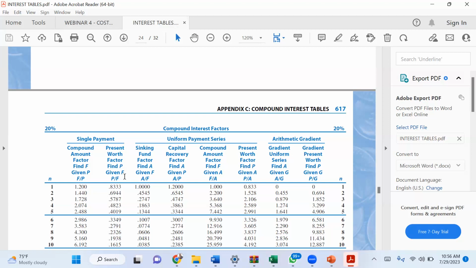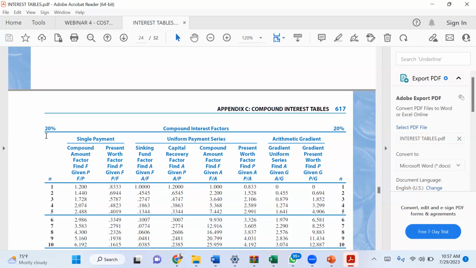For the first one, we were to find F, given the P. In this case, it is the opposite. I'm now given the F, which is 120 million, that I want to buy a house in my Tama with. I'm now asking myself, what would be the present value? Because we are discounting.